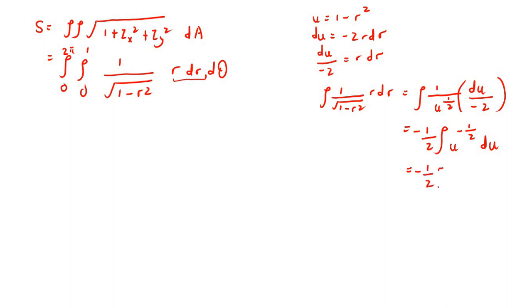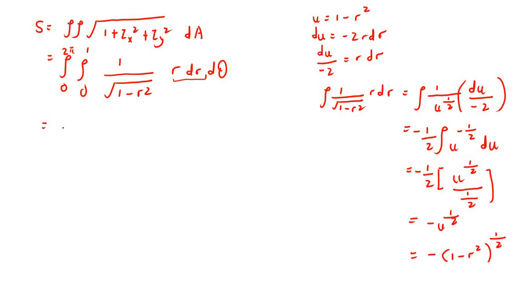So for integration, the power will be increased by 1. So plus 1, negative half plus 1 becomes u to the power half. So divide by the increased power, half. So you get exactly 2, and the 2 here cancels. So it's negative u to the power half. Okay, and then replace back the u: u is 1 minus r squared, to the power half.